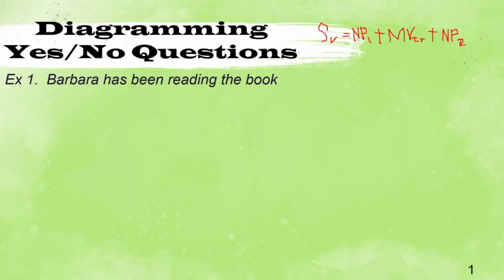So now we identified first the noun phrase, auxiliary verb phrase, and the MV with the subscript transitive. Our first noun phrase is Barbara.